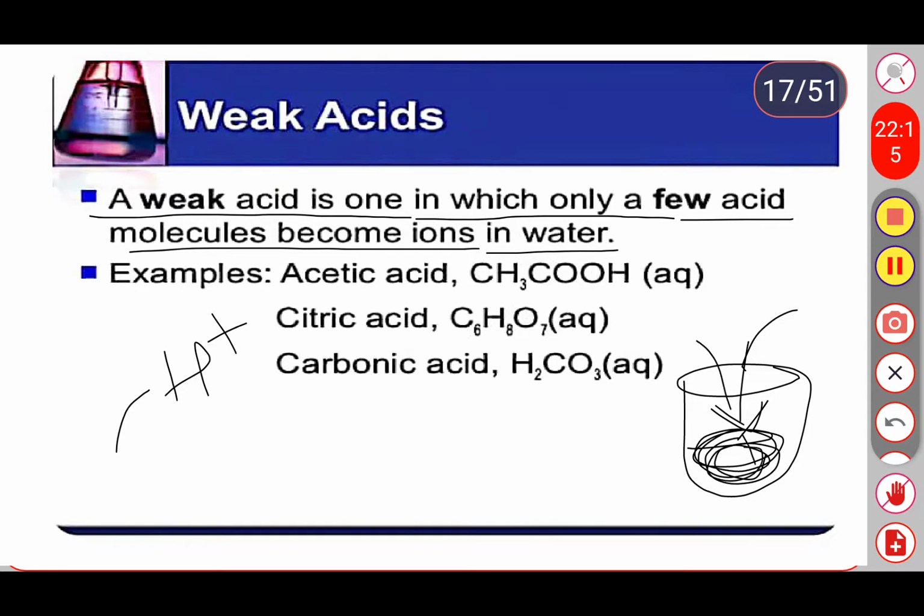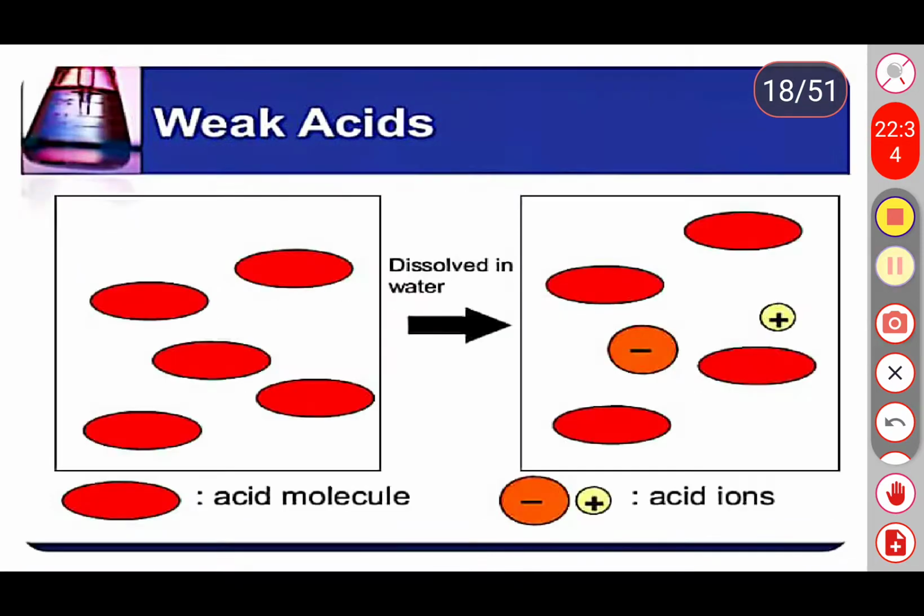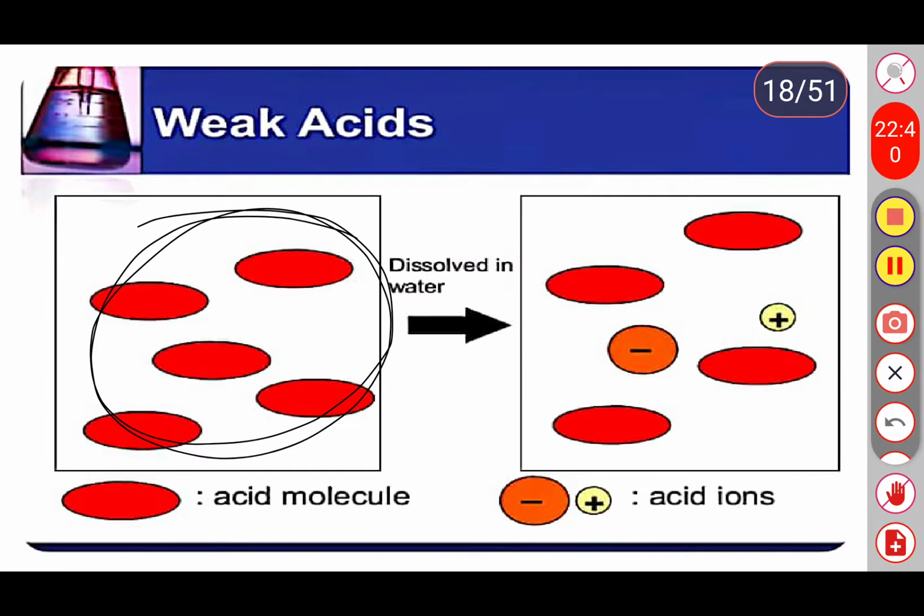If it partially dissolves in water, it releases very few H plus ions. So these types of acids are considered weak acids. Examples of weak acids are acetic acid, citric acid and carbonic acid. See here what happens: these are all acidic substances, and again we dissolve them in water.